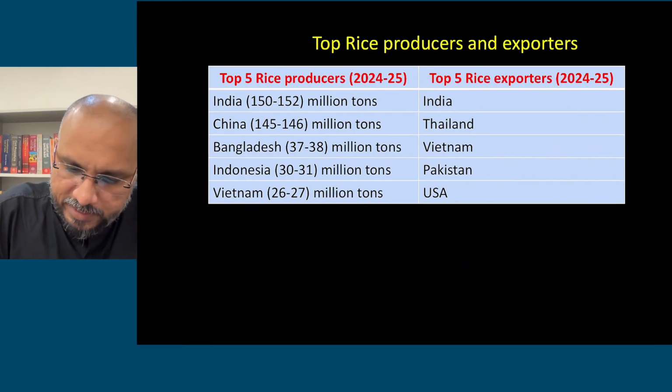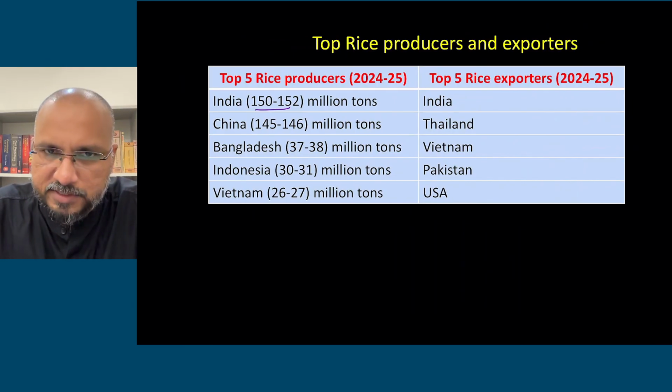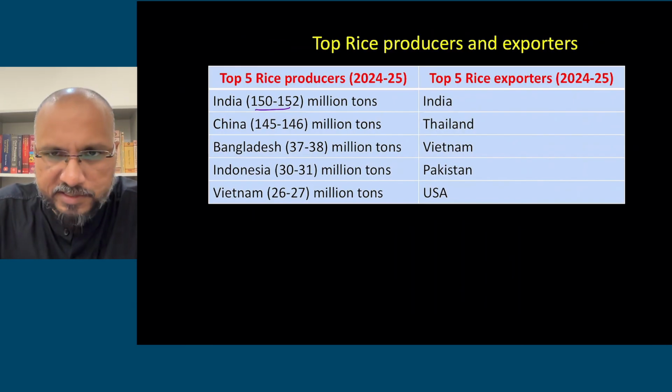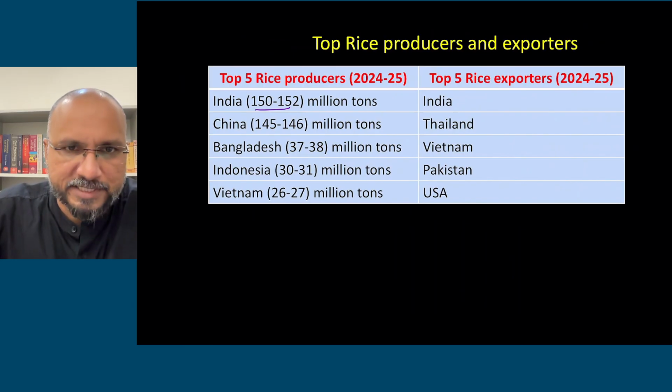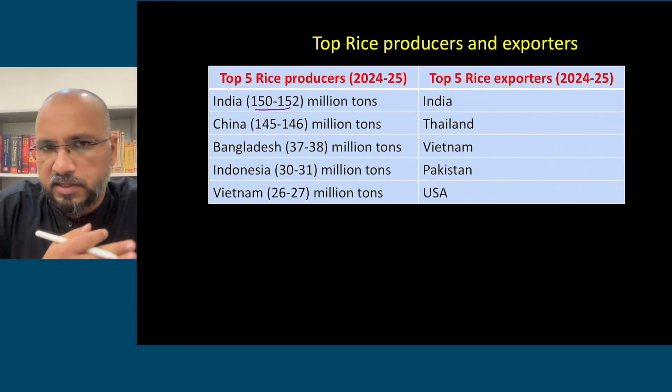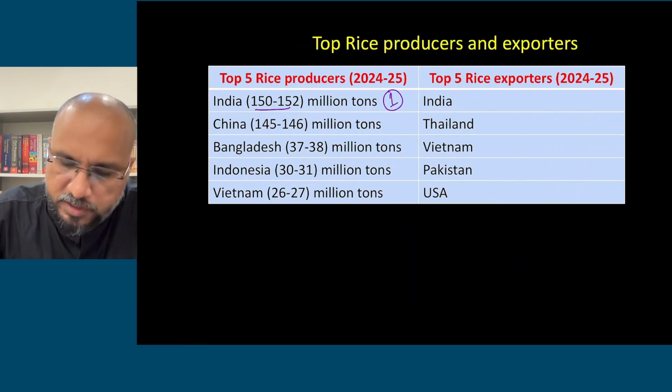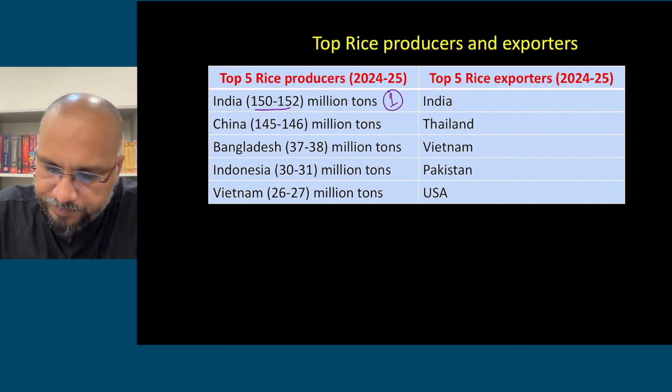So India is first in rice production only this year, 2024-25, because of the natural calamities in China. We narrowly beat China. Otherwise, China is the largest producer. For over the last 2 decades, it was China. But in 2024-25, we have occupied the first position. So this was the main change.